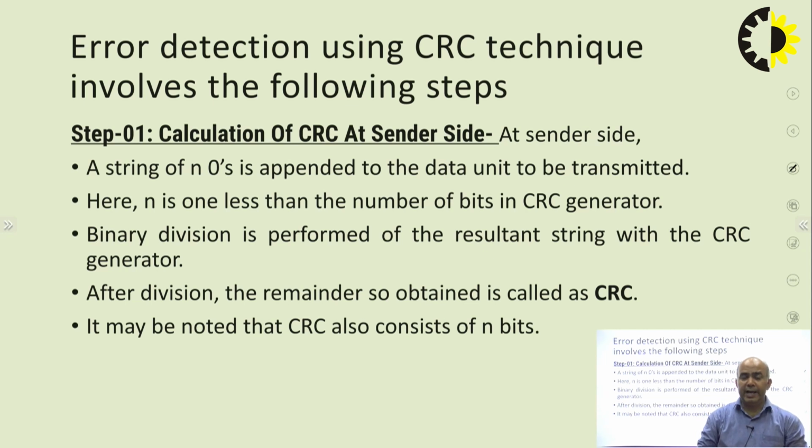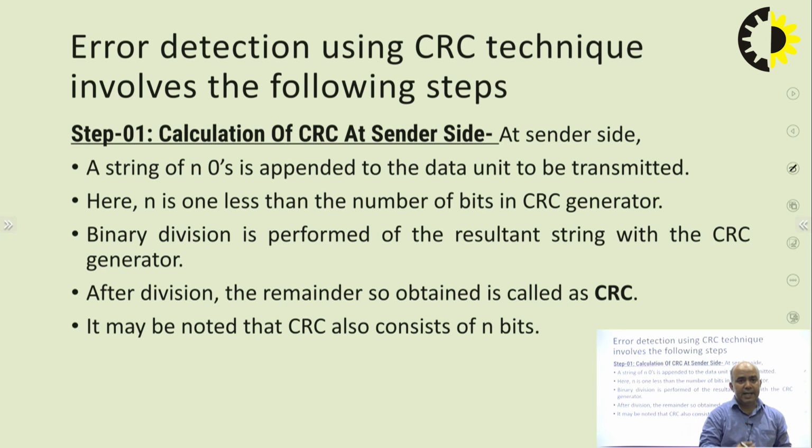So, for error detection in the CRC, that is the cyclic redundancy check technique, there are certain steps involved. We have to follow those steps in order to encode the message with the data that we have to transfer.